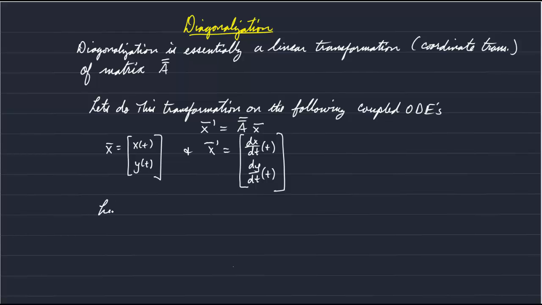So let's define a transformed vector, and we'll denote that vector as x with a tilde over it, and we'll define it as it's related to vector x by a linear transformation.